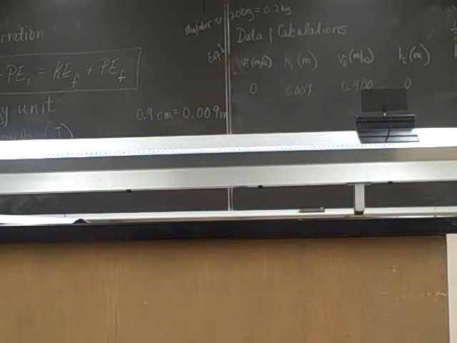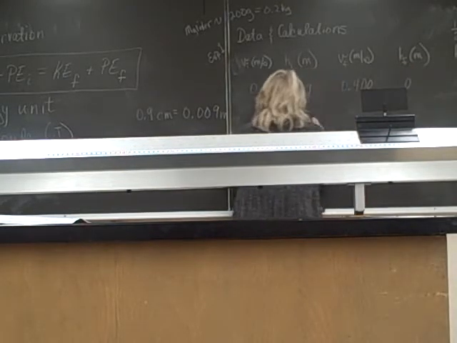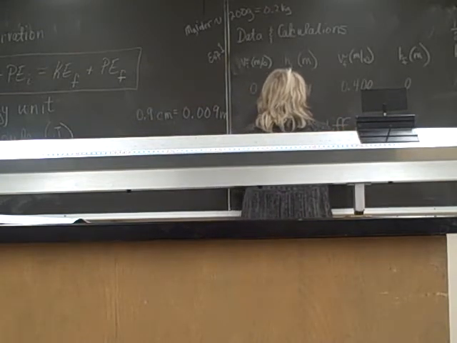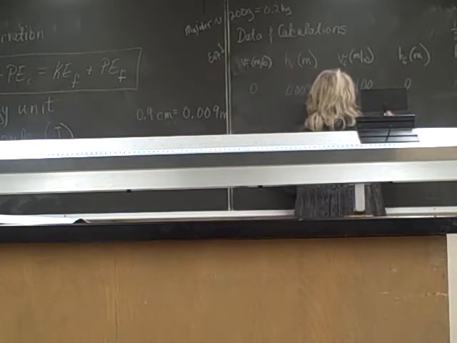Okay, so here's what you're going to do for percent difference. I want a comparison between the final total energy and the initial total energy. So you're going to do a percent difference calculation that looks like this.